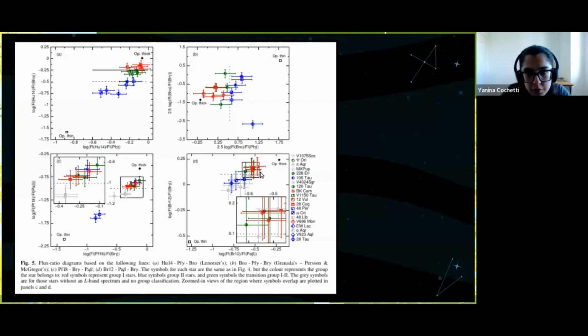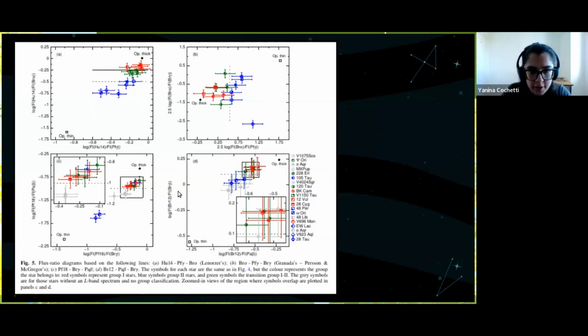If you put some limits, the dashed line, you can split the sample between group 1, which now contains the red and green symbols, and group 2, which are the blue.